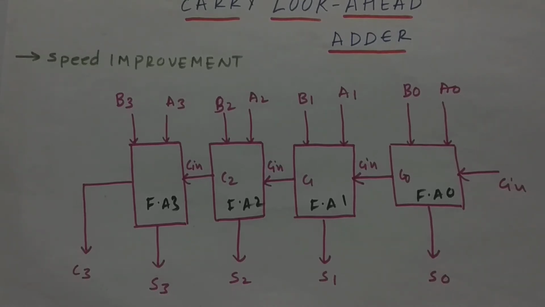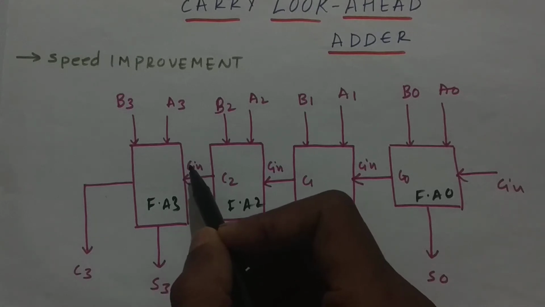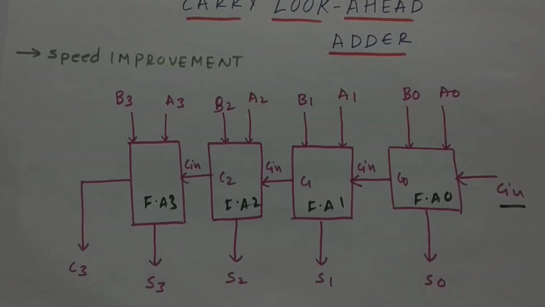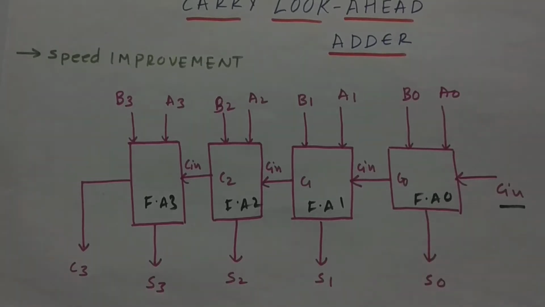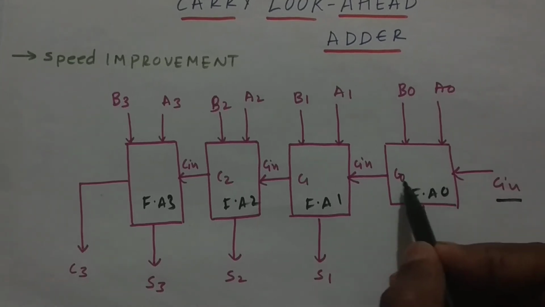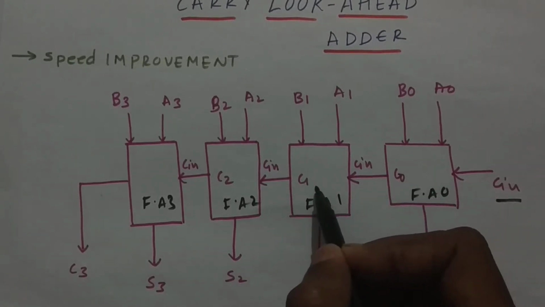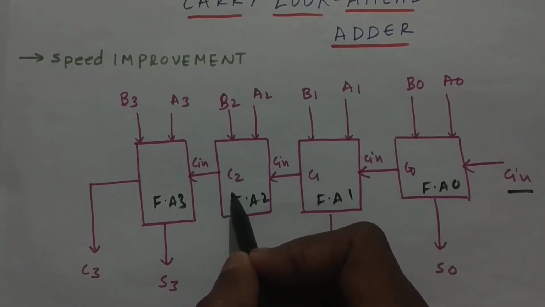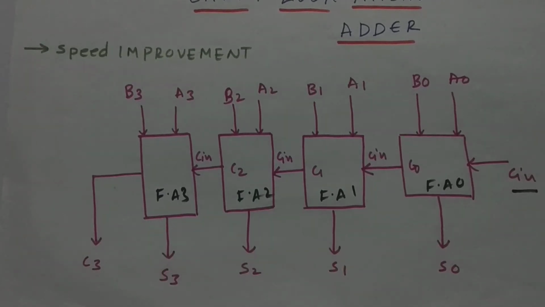If we can predict what value will be coming over here, if we can generate whatever the value will be coming over here based upon the C in, then we can save a lot of time. For example, if each full adder takes 2 seconds to generate the carry, so if C0 is generated at 2 seconds, C1 will be generated at 4 seconds, 2 plus 2, and C2 will be generated at 6 seconds, 2 plus 2 plus 2, and C3 will be generated at 8 seconds.